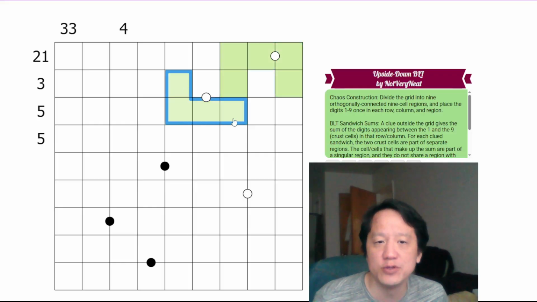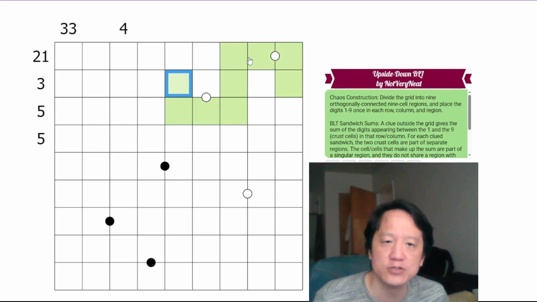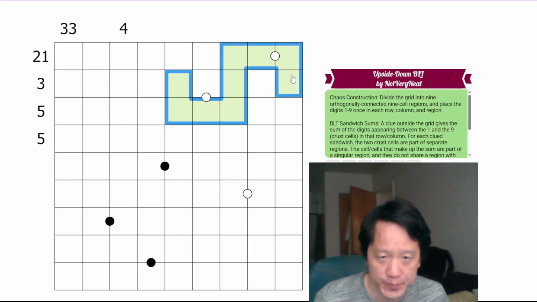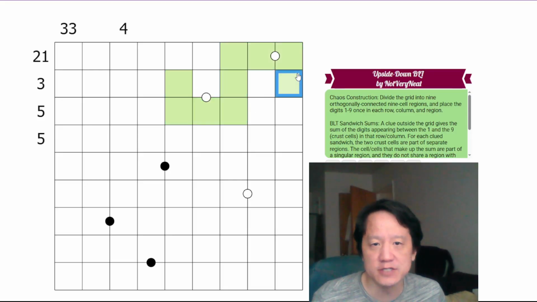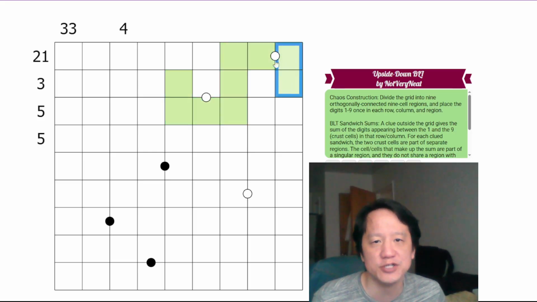So, for example, this is a valid orthogonally connected region, because to get from this cell to any other cell in the region, you can just go through edges, all while staying within the region. So, for example, to get to here, you just go through these edges, and you will stay within the region to get to that cell.